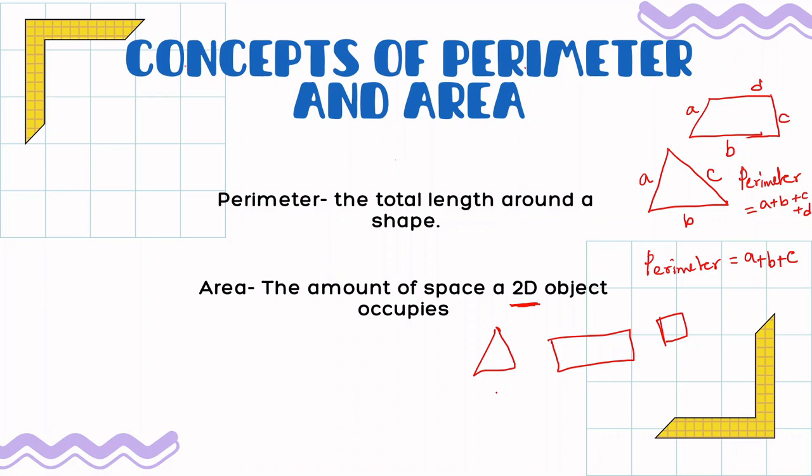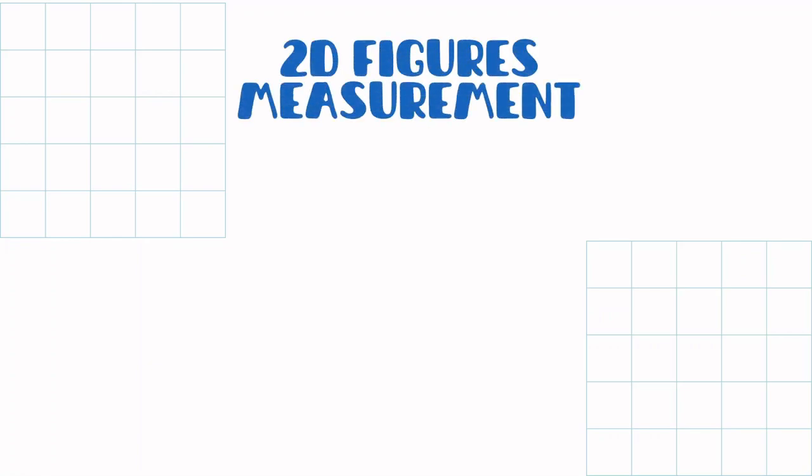So we can now find the different formulas related to the 2D figures that we will measure. First of all, triangle. So what will be the perimeter of the triangle?